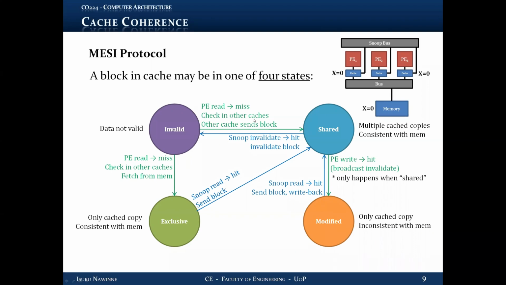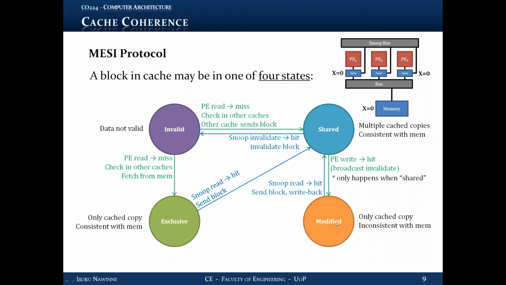Check in other caches. The first thing you need to do is check in other caches whether they have the most recent copy available. So place a snoop read request on the snoop bus. Cache 1 controller places a snoop read request on the snoop bus, and that snoop read request is seen by cache 3 controller.